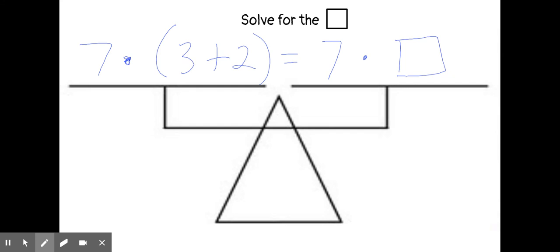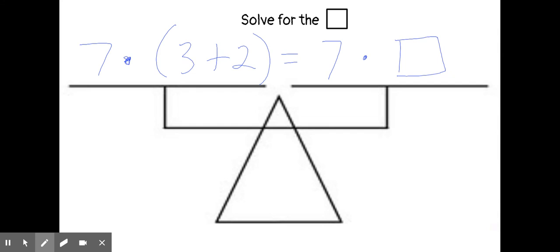And right now, instead of tackling the unknown, I'm going to work with what I do know. So on the left side, I have 7 times 3 plus 2, and 3 plus 2 is in parentheses. And what parentheses means here is you have to do that first. So anytime you see parentheses, you always work in the parentheses first. And if there are multiple parentheses, then you work from left to right.